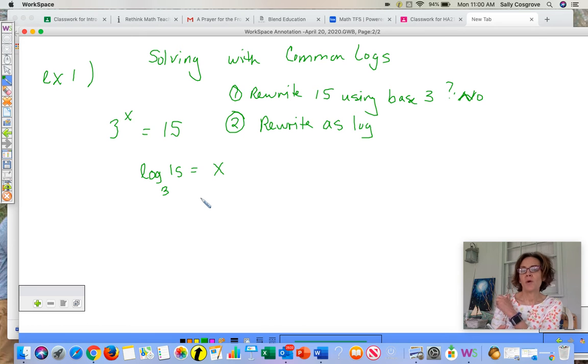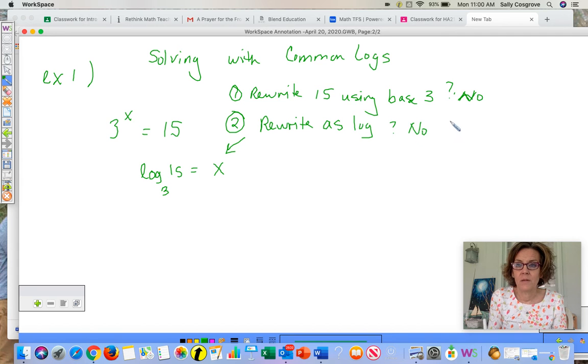Okay, no. So right now, the first way that we knew, we can't rewrite 15 as base 3. Have we rewritten as a log before? Yes. Does that help us here? No, that doesn't help.